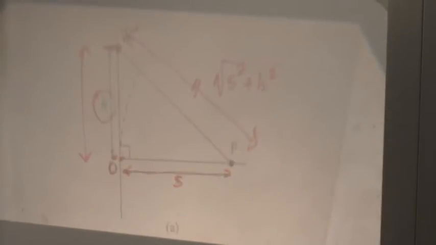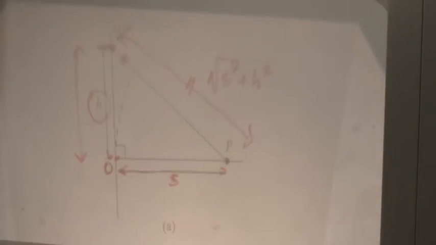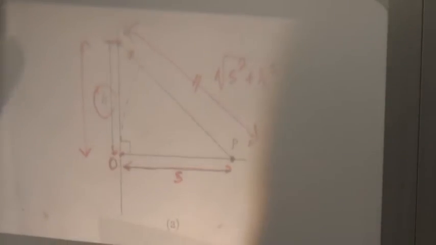Well, it's obvious that that distance, by Pythagoras' theorem, is the square root of s squared plus h squared. Again, because I'm not going to actually test this, I'll just use the notes.